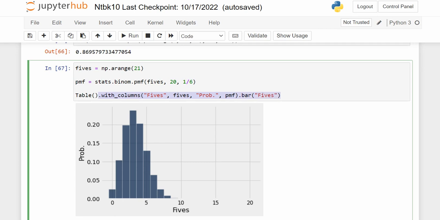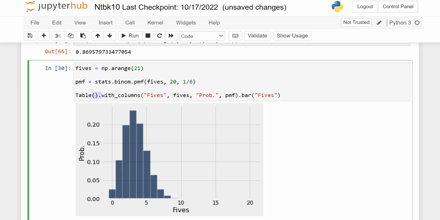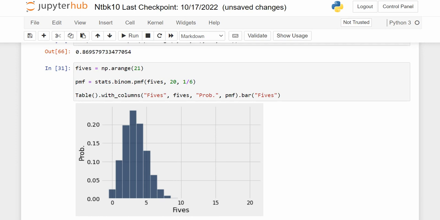Because we want a bar graph of fives, and we need it to be a table. So we're using this empty table and creating the columns to have this data in it so that we can visualize the outcome.